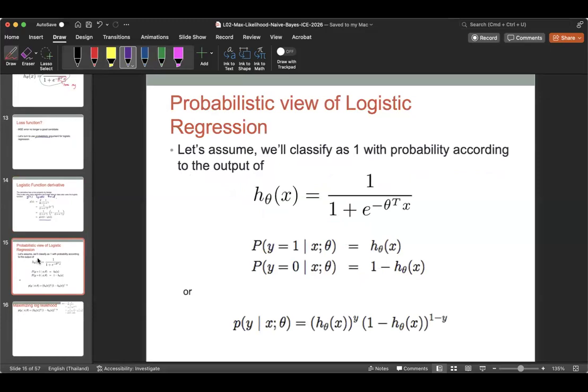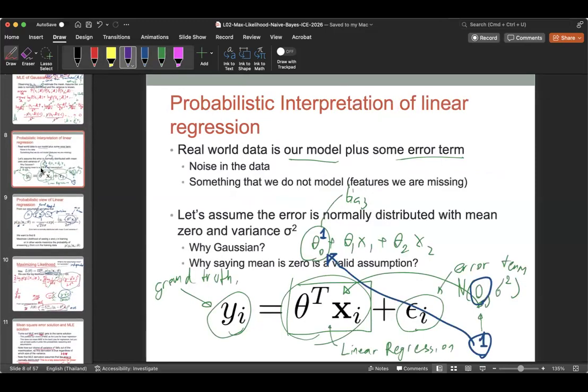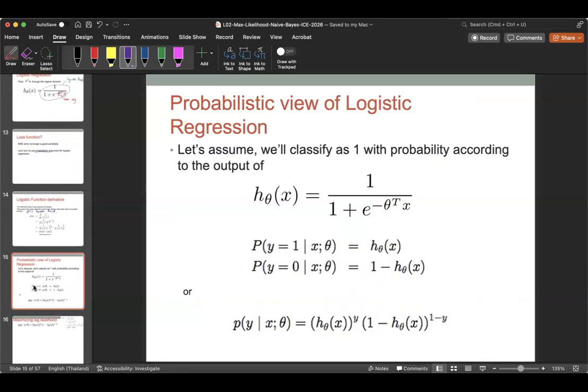All right, so what's our setup of the probability in logistic regression? We have to discuss first how we model the probability distribution of our setting. In logistic regression, we're going to either answer yes or no, a binary answer, so y equals 1 or y equals 0.